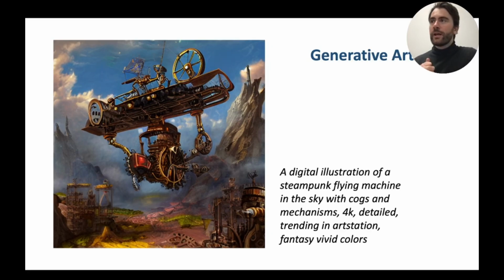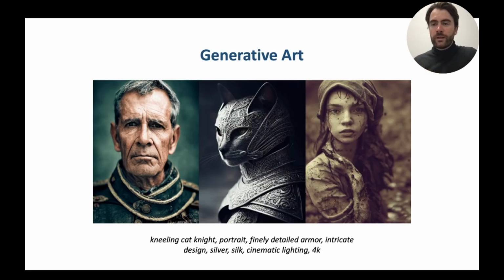I will also add that what is fascinating about these models is that they are able to combine concepts that they have seen in the training data in completely novel ways that are not present in the training data. So, for example, when we generated the image of the cat wearing armor, the model has seen images of cats, it has seen images of armor, but on its own, it was able to combine them in novel ways and create this cat wearing armor.